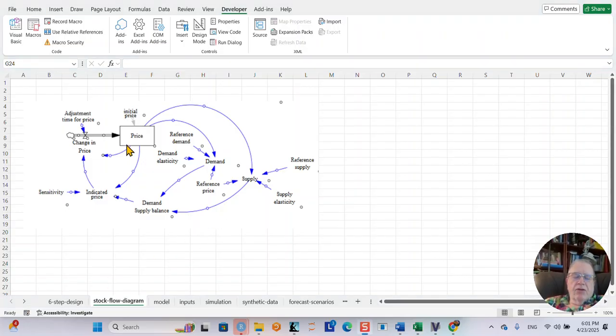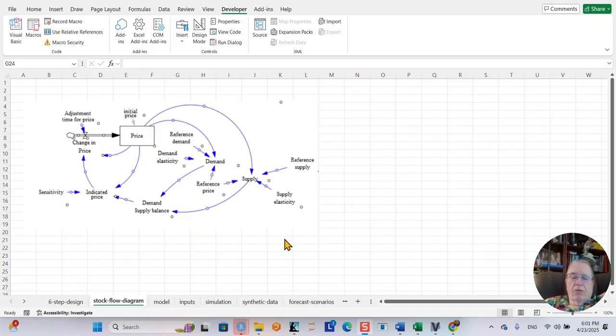And so we have this world going around here in a couple of loops. There's of course the reference loop here, which allows this accumulator to occur, the state of the world for price. And what makes this work, though, is the supply-demand balance, just like before. Okay, so nothing new there.